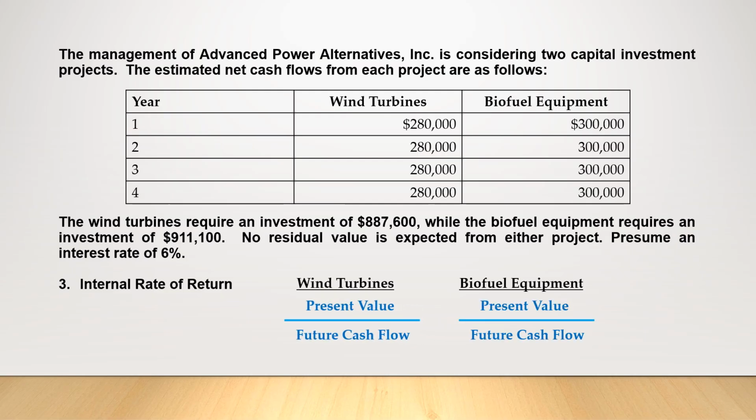The present value for each project is how much we must spend right now to invest in it. For the wind turbines, it is the $887,600 cost. For the biofuel equipment, $911,100.